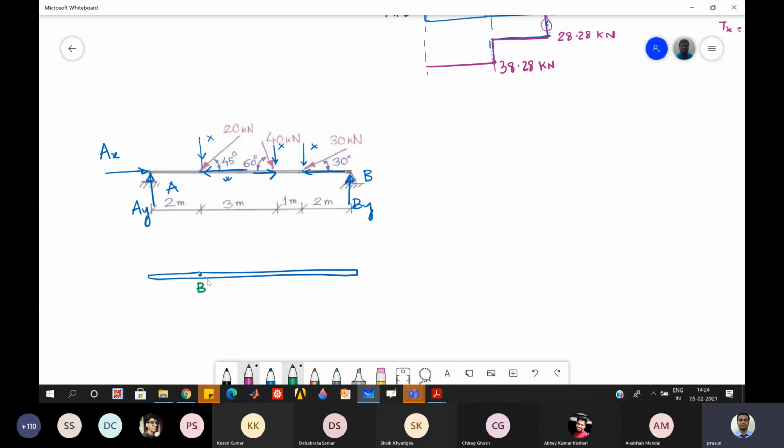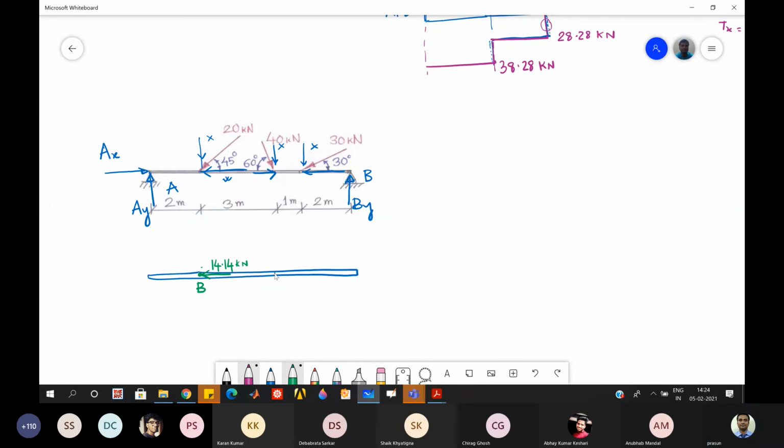Either you show this way or that way, it's fine. For this case, we'll show just one arrow here. But you can see this B point is the application of this force, and that is important because when you select the sections, you need to know where it is applied. And this force will have magnitude of 14.5 kilonewton, the component of 20 kilonewton in the horizontal direction.